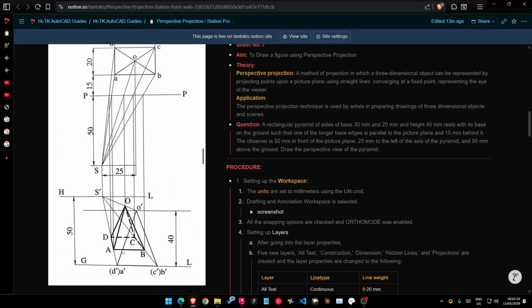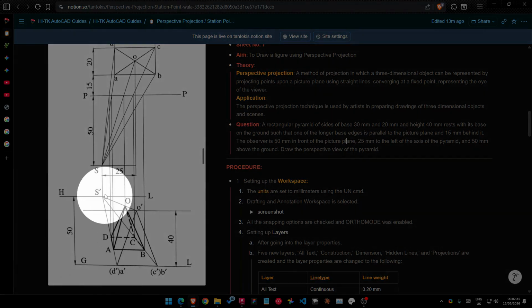Now connect these 3 and also all of these 3 points to S dash. Now we get these 3 lines.